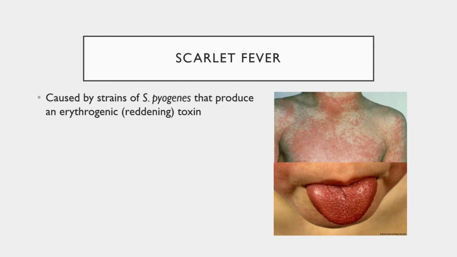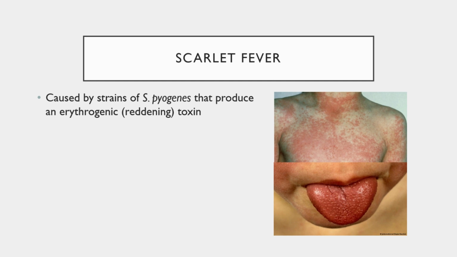Now, we're not done talking about Streptococcus pyogenes yet, because our second infection on the list, scarlet fever, is also related to streptococcal pharyngitis. It's sort of an advanced stage of strep throat when the case of strep throat is caused by a special strain of Streptococcus pyogenes that produces an erythrogenic toxin.